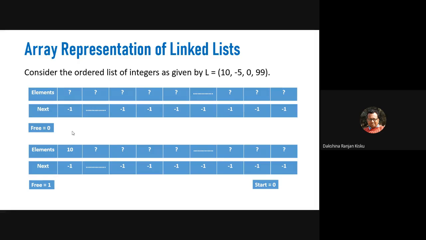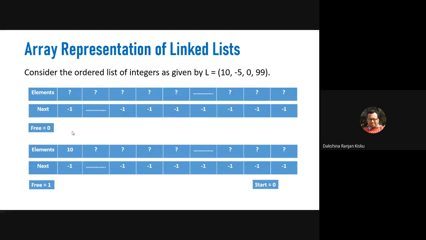That means if the first element of the list is found at the zeroth index, then start becomes zero. If the list begins from the first index or second index or third index, accordingly the value of the start variable will change.